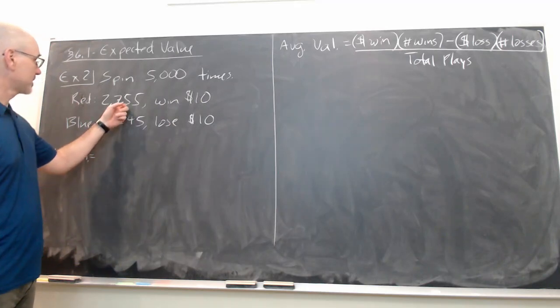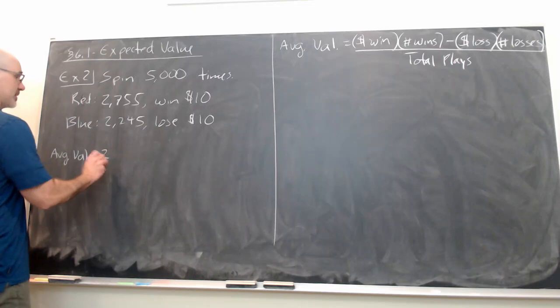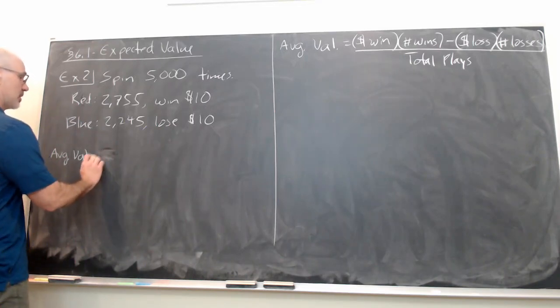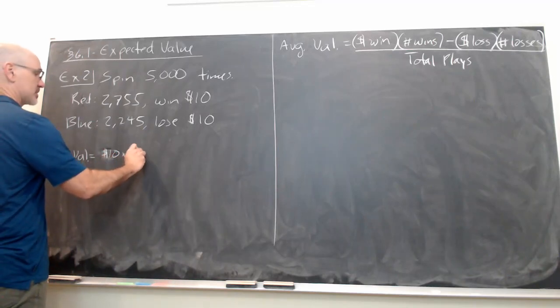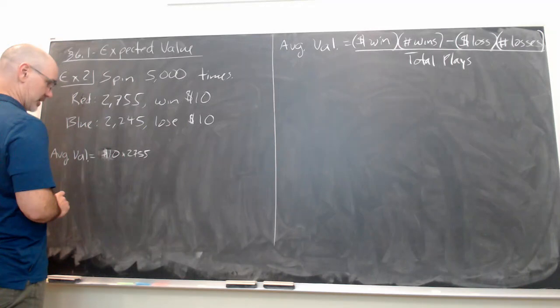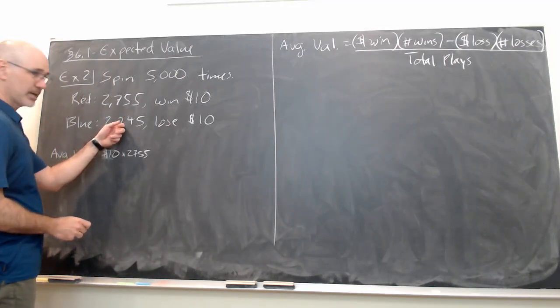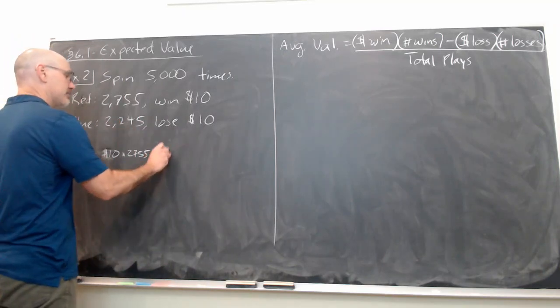All right, so in this simulation, we spun 5,000 times and we got red 2,755 times. So we won $10, 2,755 times. But we also landed on blue 2,245 times and lost $10 each time.